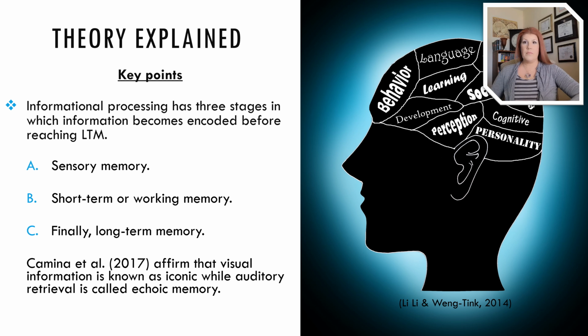Kamina et al. 2017 affirm sensory memory consists of visual information and is known as iconic, while auditory retrieval is referred to as our echoic memory. So that's good information to absorb.